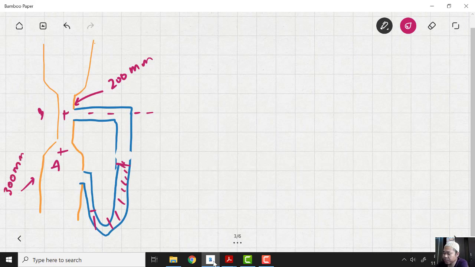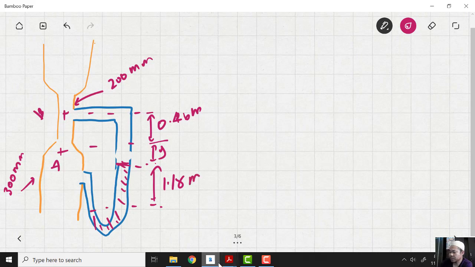The elevation from point A to point B is 0.6 meter. The elevation from point A to the manometric level is y, and the elevation of the manometric fluid is 1.18 meter, if I'm not mistaken.